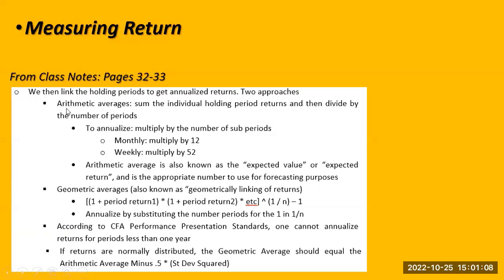Arithmetic is really easy. If you have 3 months, you add them up and divide by 3. That's real straightforward. And if you want to annualize it, just multiply by 12.